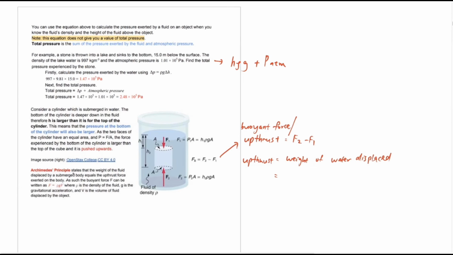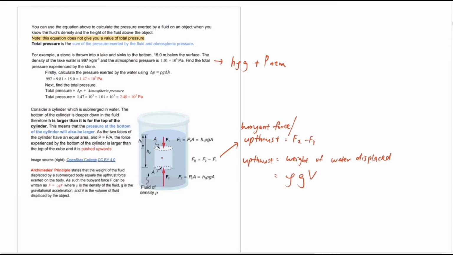So rho gV, weight of water displaced. The V is the volume of the cylinder. Like what I mentioned just now, the volume of water that has to go elsewhere is the same as the volume of the cylinder.